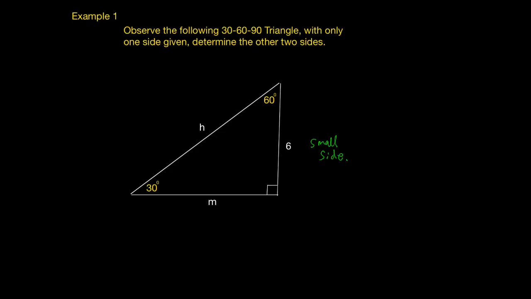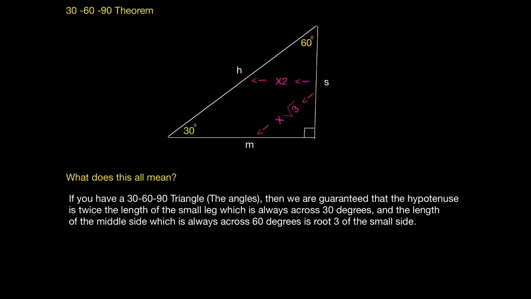And since we're given a 30-60-90 triangle, we can use these ratios. These ratios tell us how to navigate from one side to the other. Here, since we have the small side, we can use the small side to navigate to the hypotenuse by multiplying by 2. We can also use the small side to navigate to the middle side by multiplying by √3. And that's exactly what I'm going to do here.